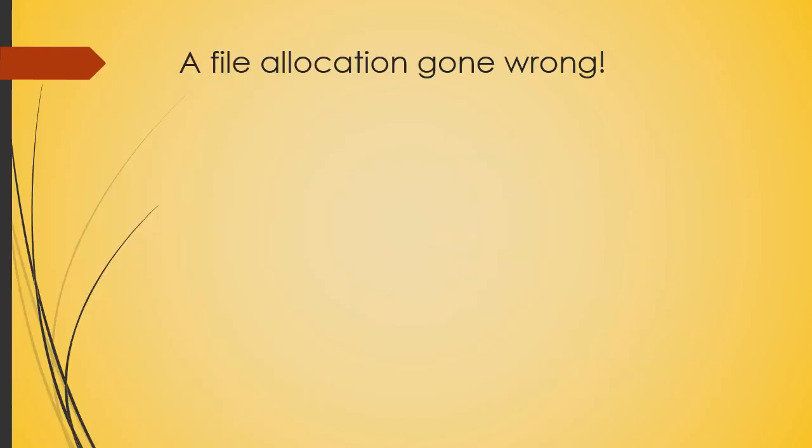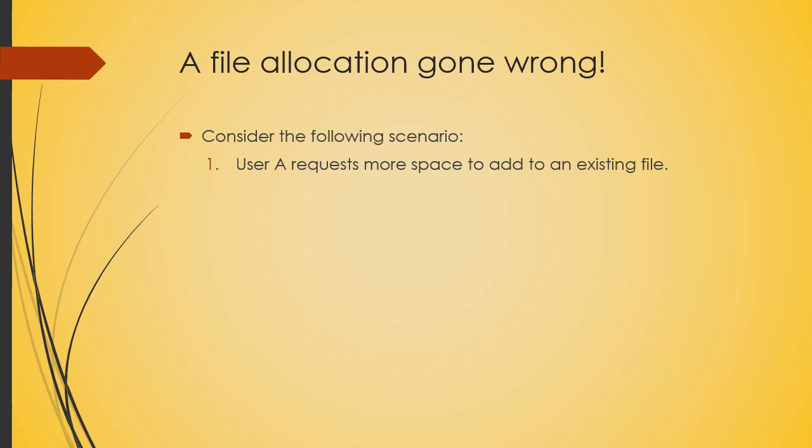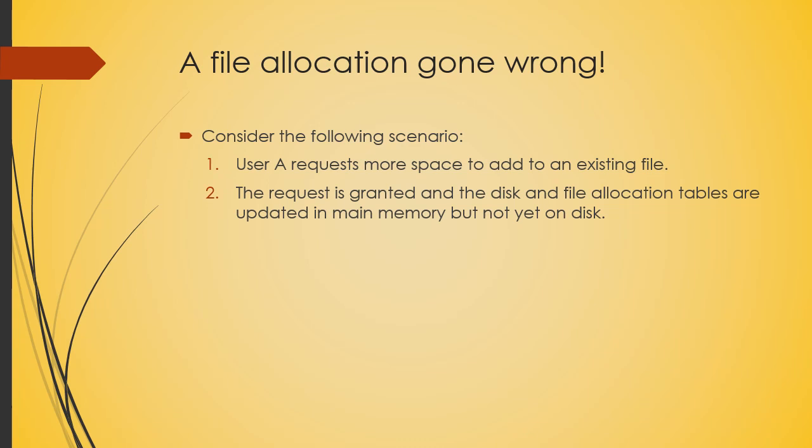Now we talk about a file allocation gone wrong. Consider the following scenario. User A requests more space to add to an existing file. The request is granted and the disk and file allocation tables are updated in main memory but not yet on disk.